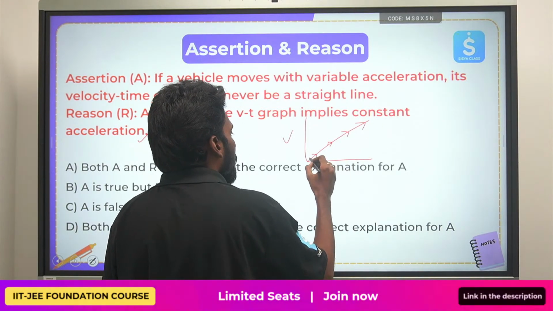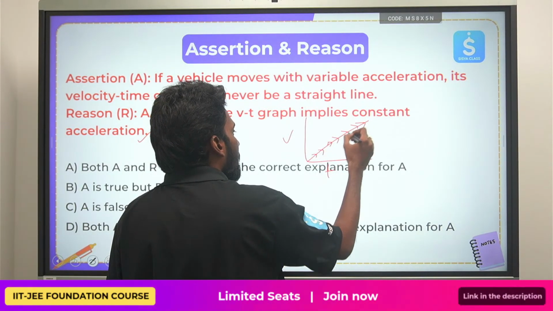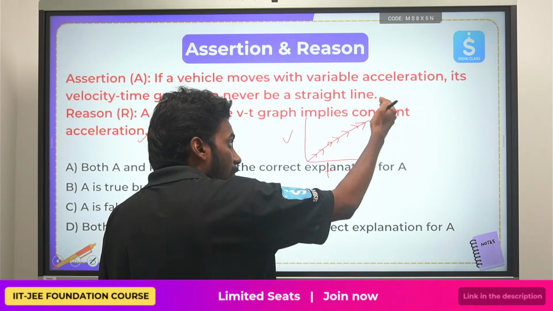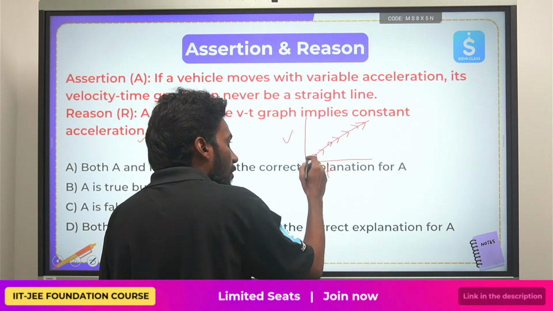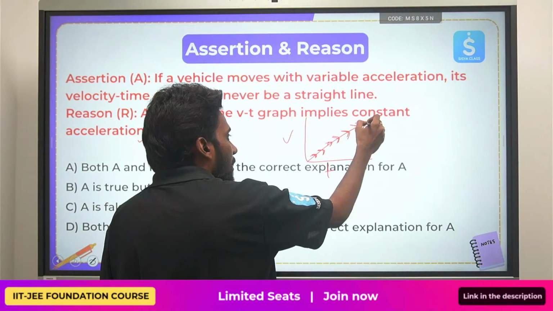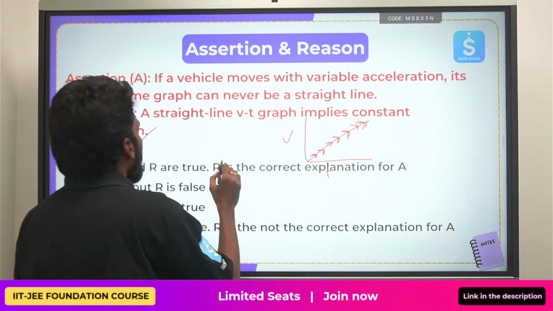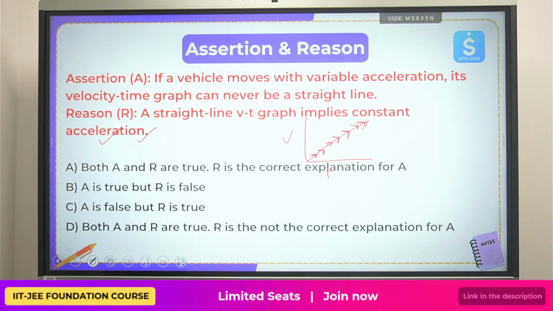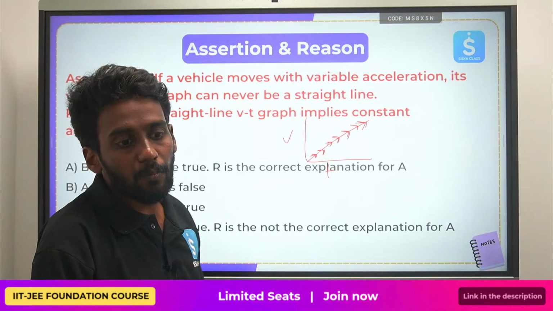The rate of change of velocity is the acceleration, and it is constant because the velocity is increasing at the same rate with time, right? So it means a constant acceleration, right? So what do you think? Assertion, reason, both are true?